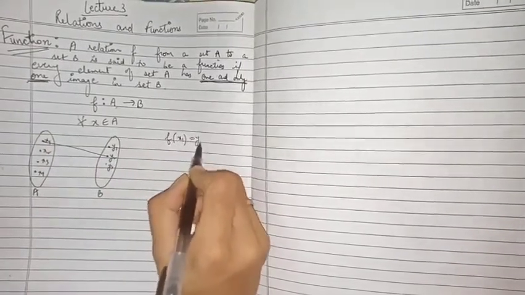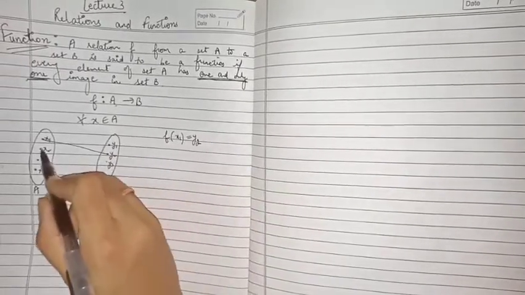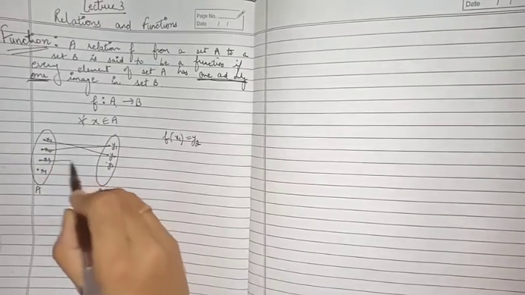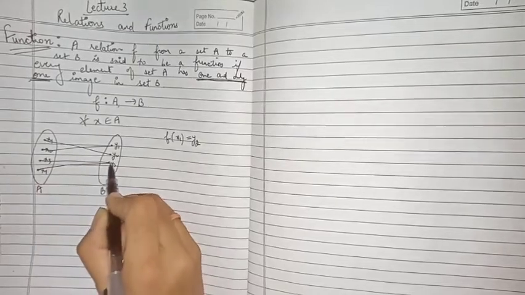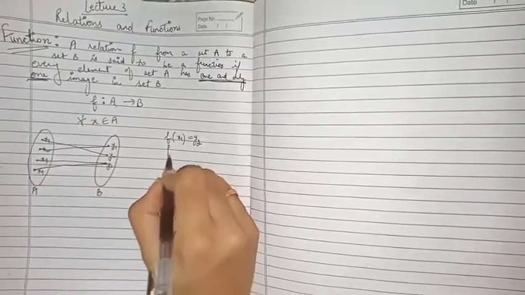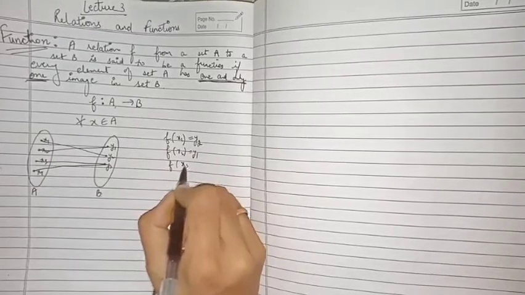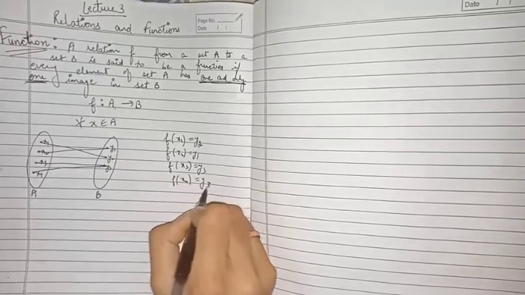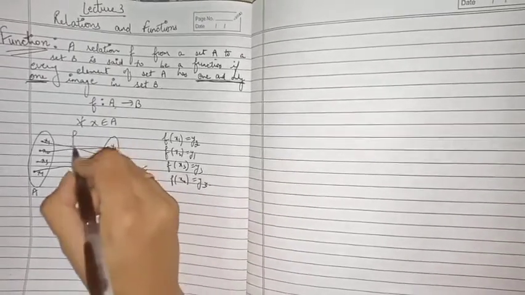I just randomly chose y2; you can also choose y1 or y3. For x2 the image is y1, for x3 the image is y3, and for x4 the image is also y3. This is a function f.